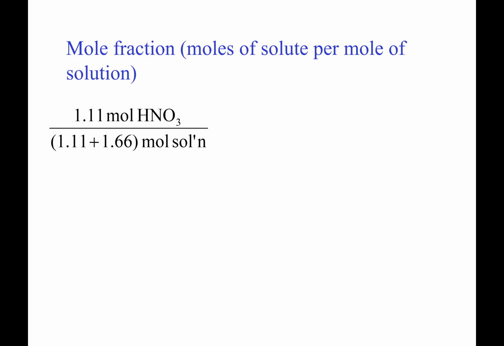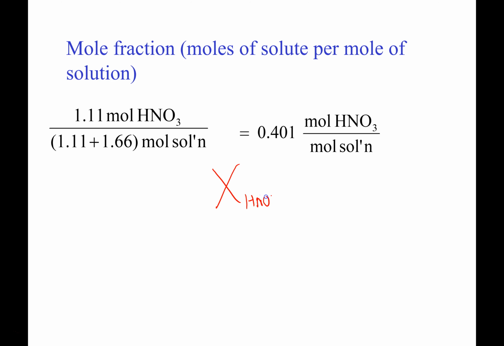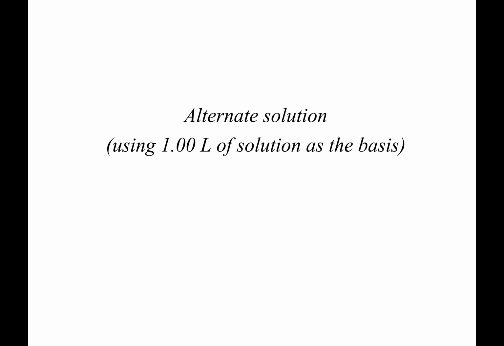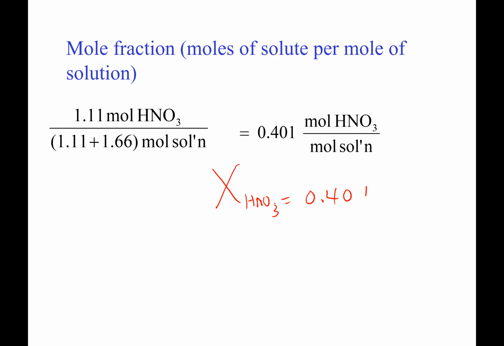Round to 3 sig figs, and you're looking at a mole fraction of 0.401. And I probably would write the mole fraction of HNO3 is equal to 0.401. And it's usually unitless. All right.